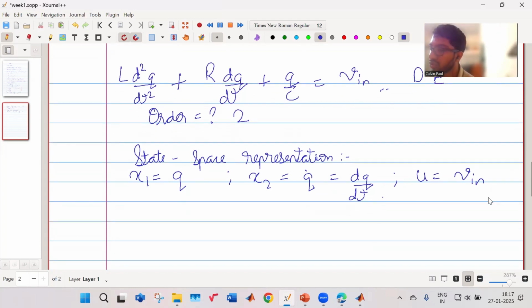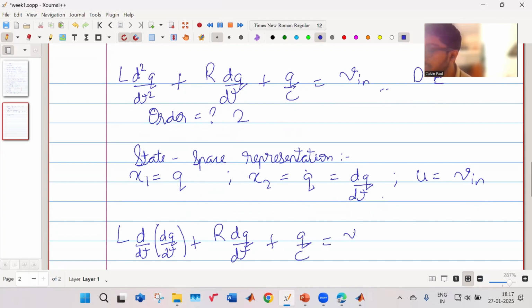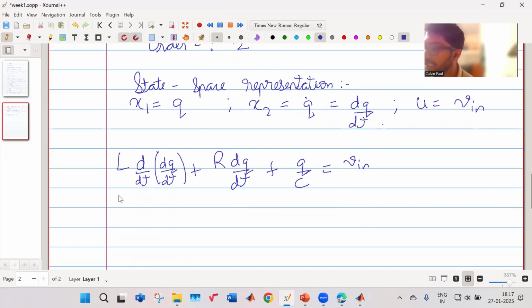Okay, so this will be L of d by dt of dq by dt plus R into dq by dt plus q upon C is equal to V in. So this is d by dt of x2 plus R into x2 plus x1 upon C is equal to V in.